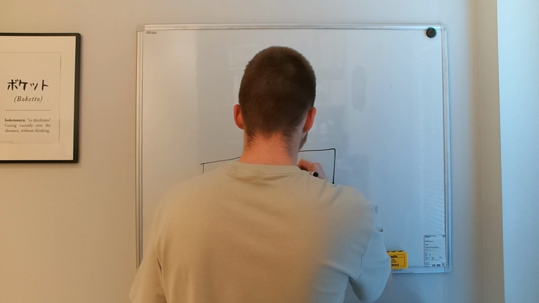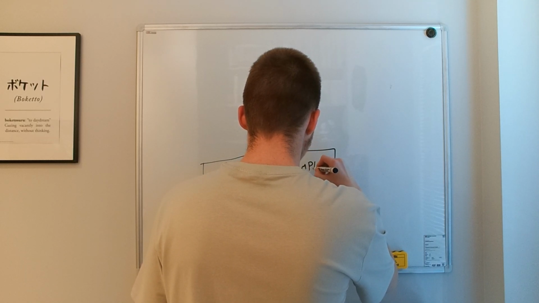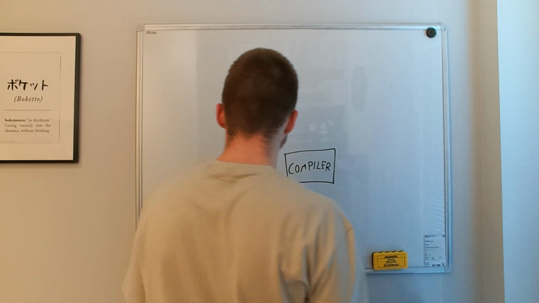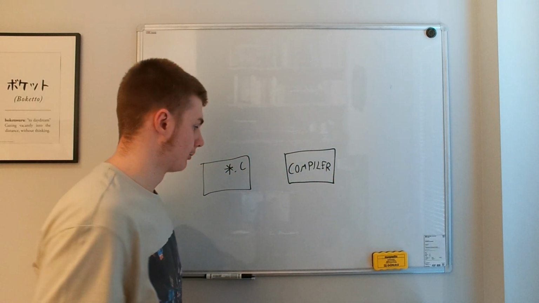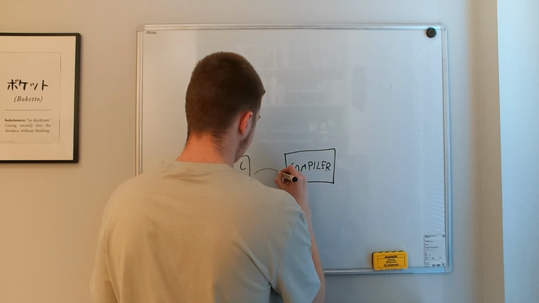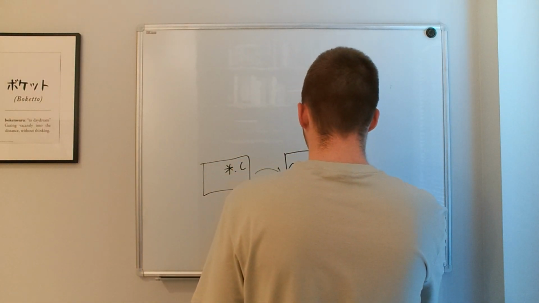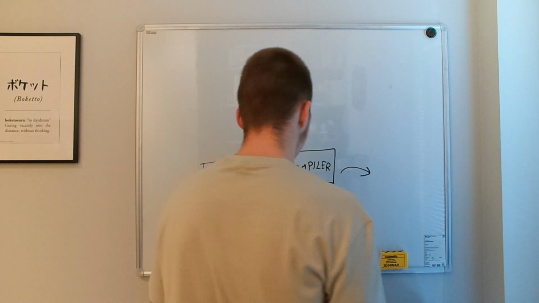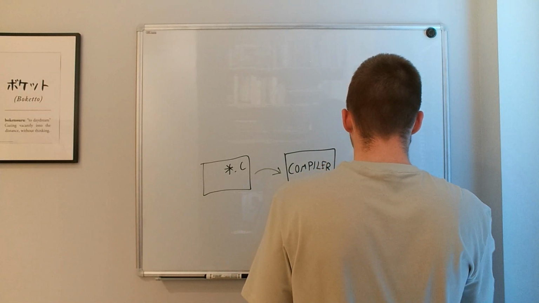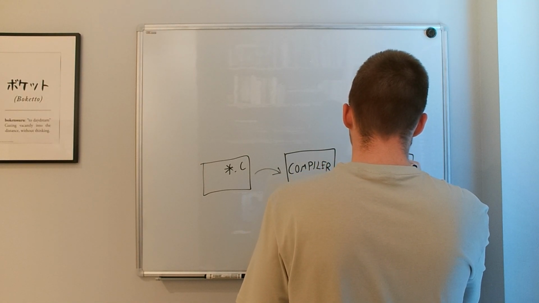And you need something called the compiler. Now, the compiler is going to take that source code, and what it is going to output is, well, usually an assembly file.